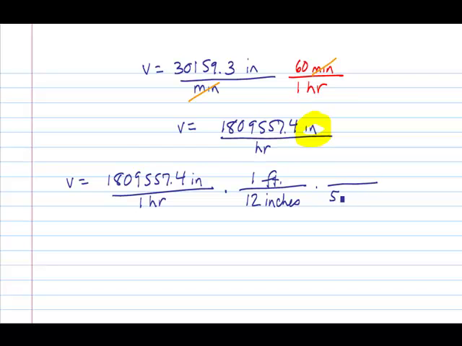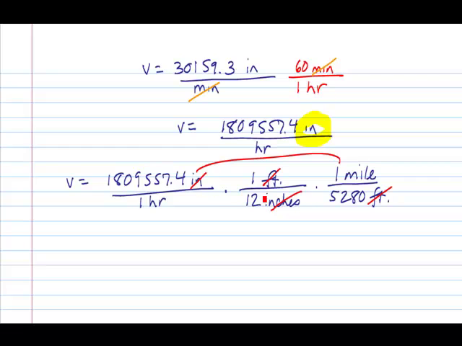There's 5,280 feet in every 1 mile. And the reason I'm showing you this is to illustrate that when we're doing these conversions, we have to have units of measurement that we want to cancel out. They should be on the diagonal. Here our inches are going to cancel out, and then our feet, leaving us with miles per hour.